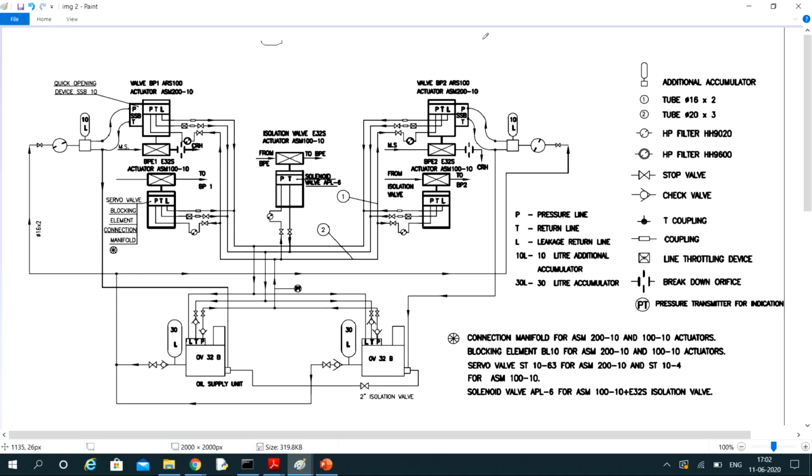So here is a typical diagram of a 210 HP bypass system. This diagram shows the oil supply unit of the HP bypass system. Here we can see there are two tanks. This is tank 1 and this is tank 2.